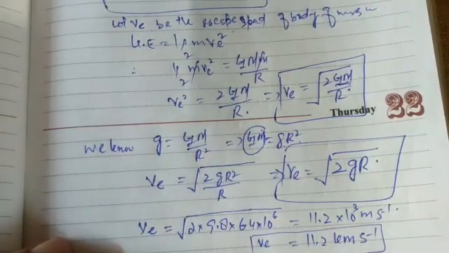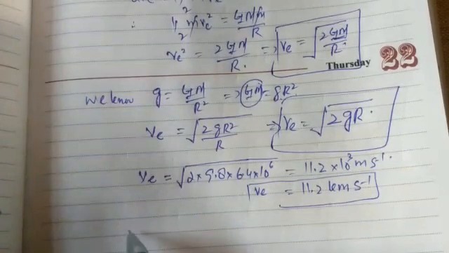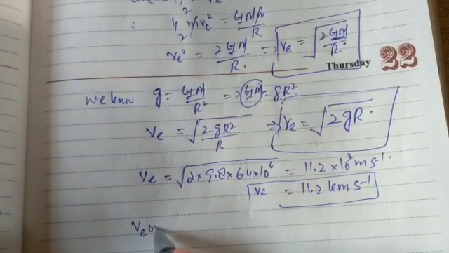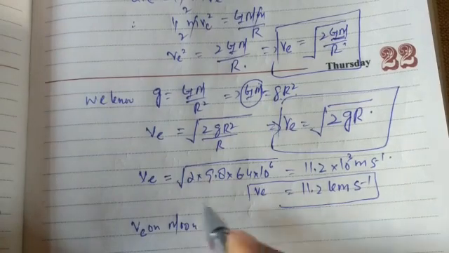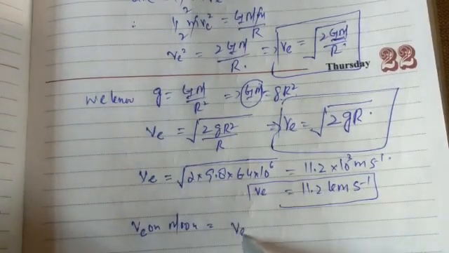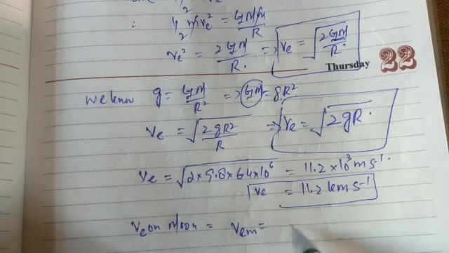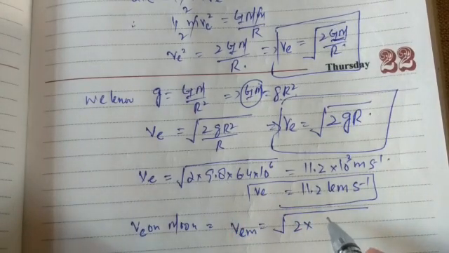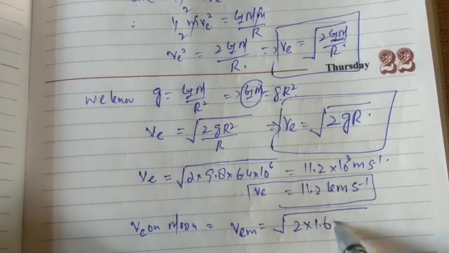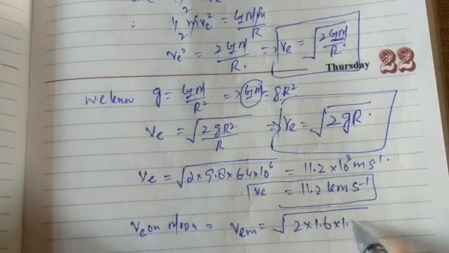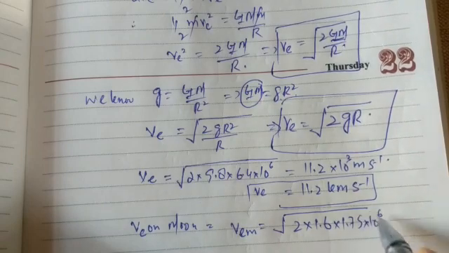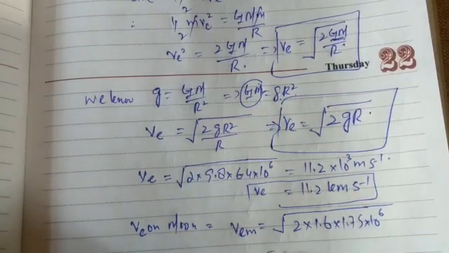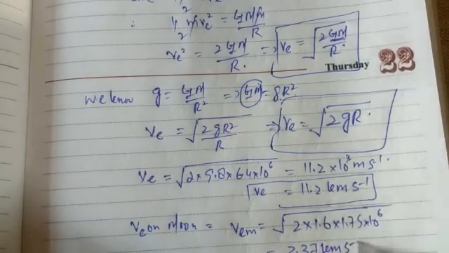And if we talk about escape velocity on the surface of the moon, VEM equals the square root of 2 into the acceleration due to gravity, which is 1.6, into the radius, that is 1.75 into 10 to the power 6, and the value comes out to be 2.37 kilometer per second.